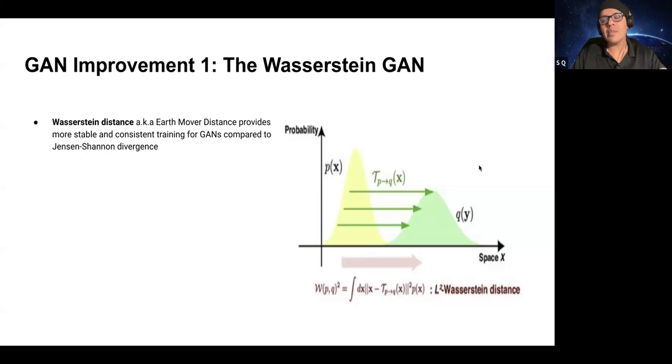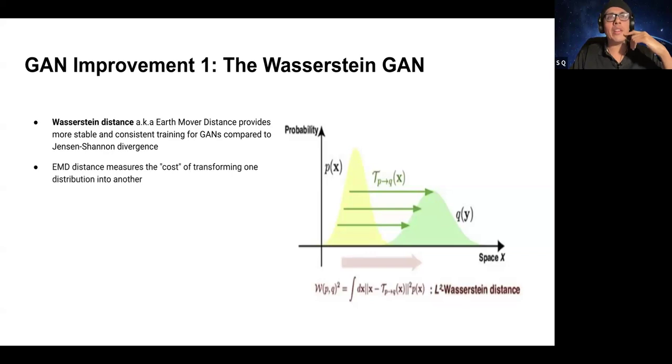Again, this is the closest I'm going to get to math in this presentation because I don't want to overwhelm people. But what I will say is that once this metric was replaced, along with a number of other advancements in the Wasserstein GAN, realistic faces were a reality by 2017. And that's around the time deepfakes started becoming a problem.